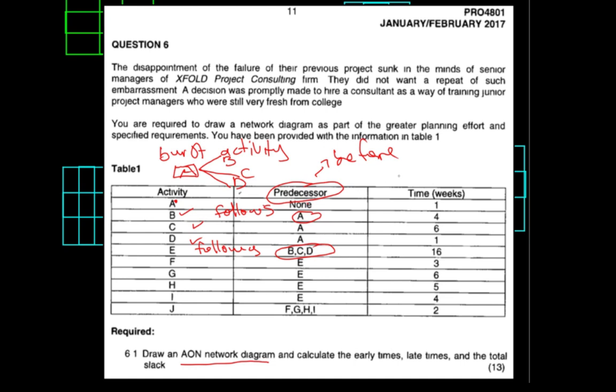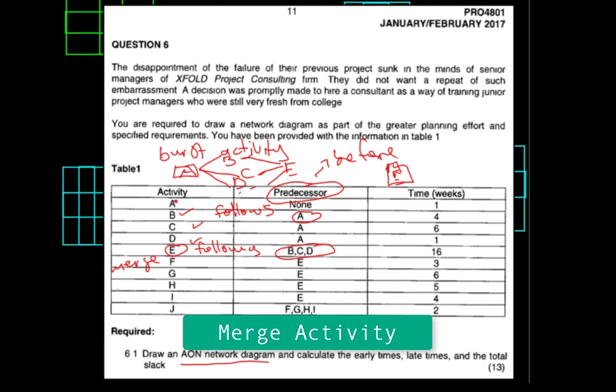It means that when we have our activity E right here, it follows B, C, and D. And remember, we've got the B there, the C, and the D. So E is somewhere there. You've got a situation where B, C, and D are all merging into E right there. That's why we call activity E a merge activity.